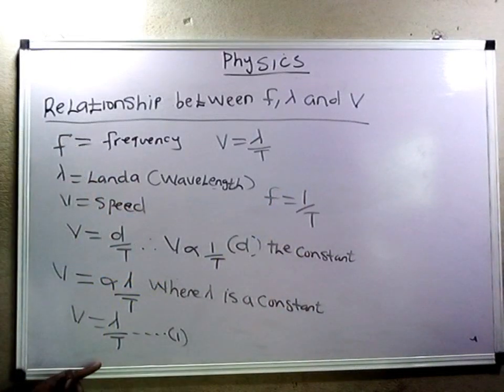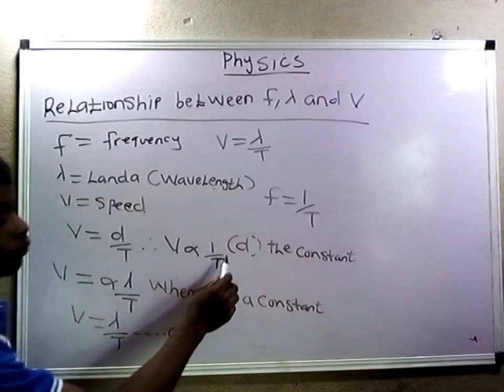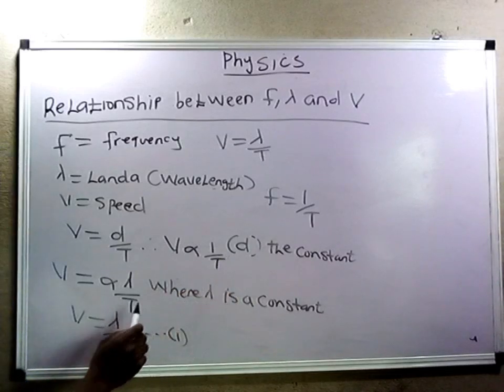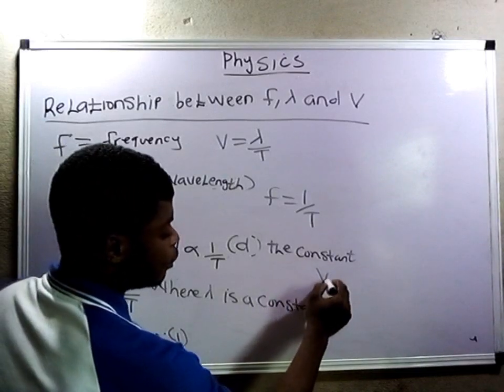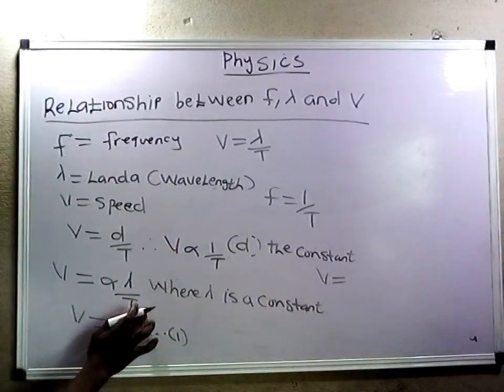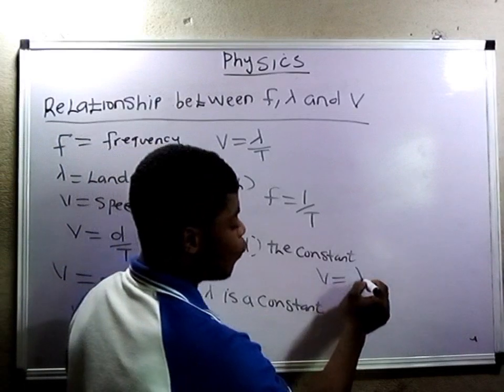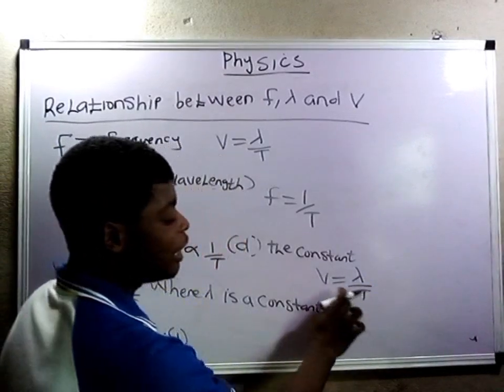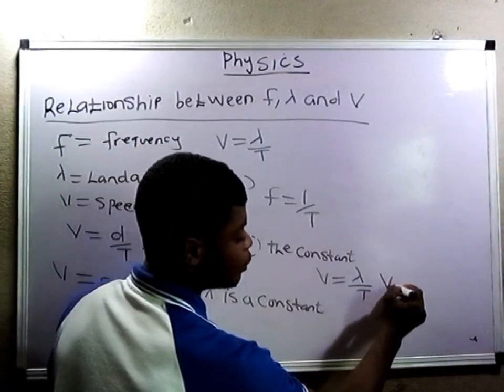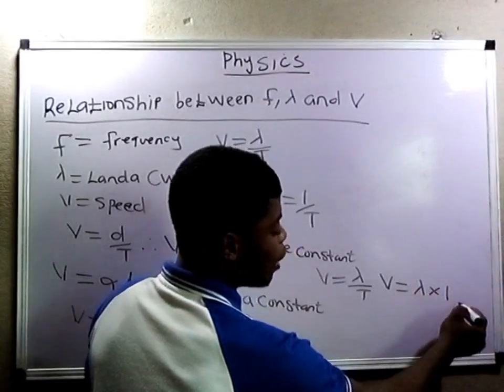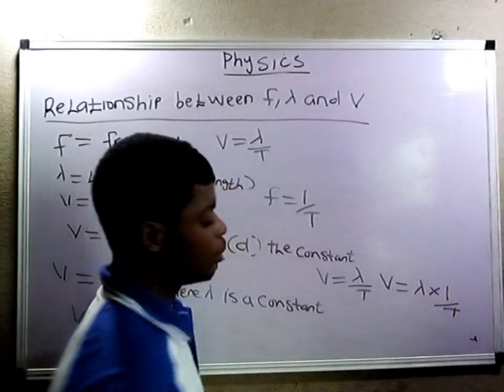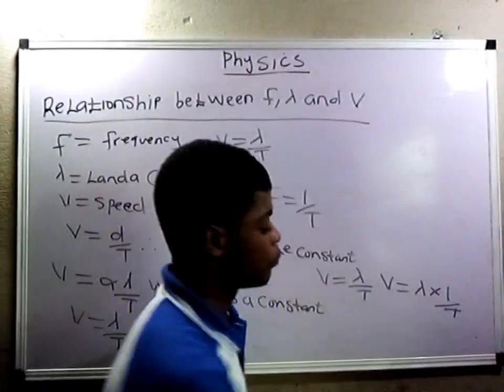Back to this point, V is equal to lambda over t. By breaking it, V is equal to lambda times 1 over t, which is the period.